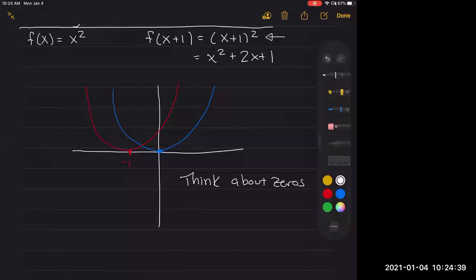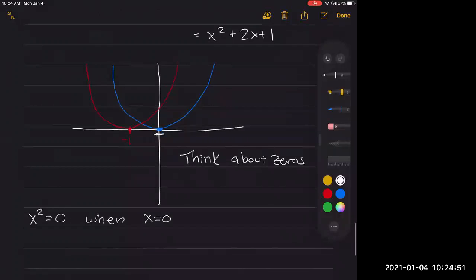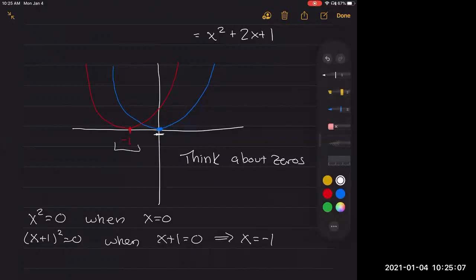So the original 0 of our function was at 0 because x squared equals 0 when x equals 0, which is why we have it here. So then with our new function, x plus 1 equals 0 when x plus 1 equals 0, which means that x has to equal -1. So that's why we have it here.